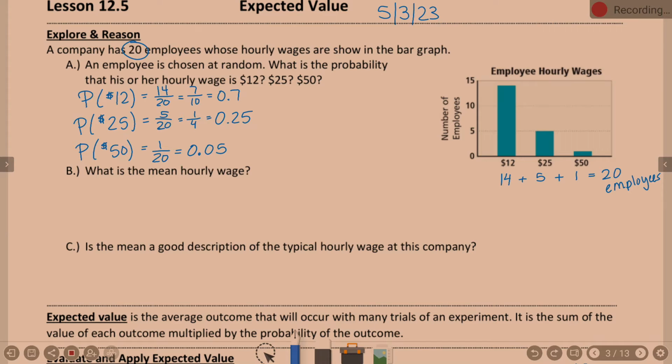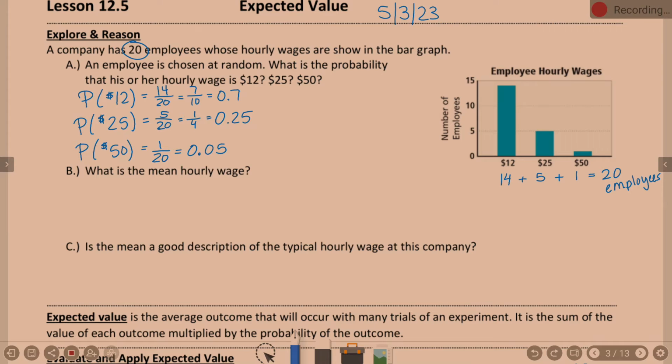I did 12 times 14 plus 25 times 5 plus 50, and that was like 343, and I did 20.